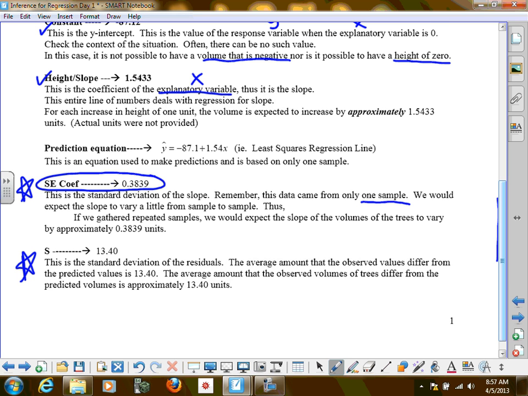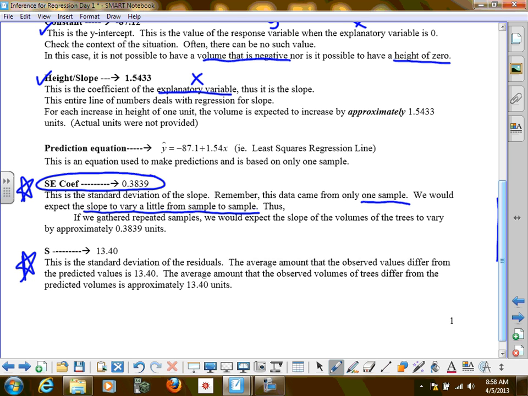So how confident do you feel that that slope of 1.54 is perfect, and that it is the correct equation for all trees' relationship between height and volume? No, it's only from one sample. So I have some variation in what that slope perhaps really is. The slopes may vary a little from sample to sample. That's what this standard deviation does.